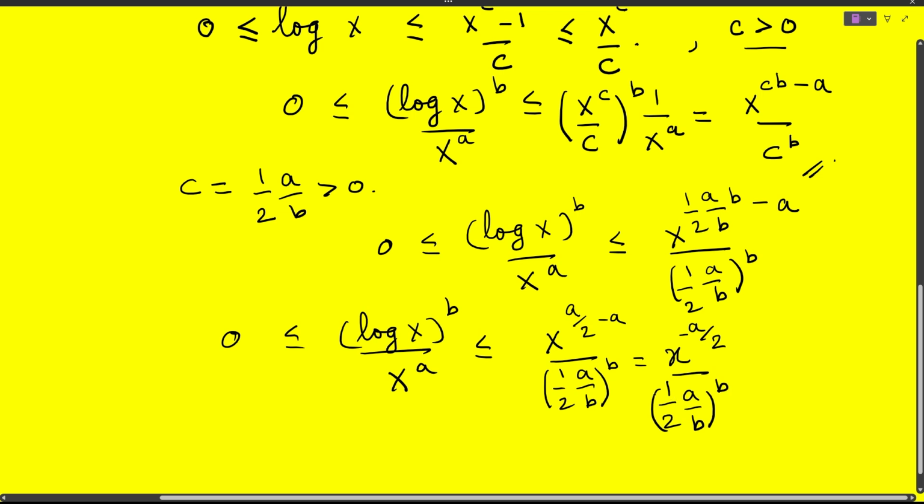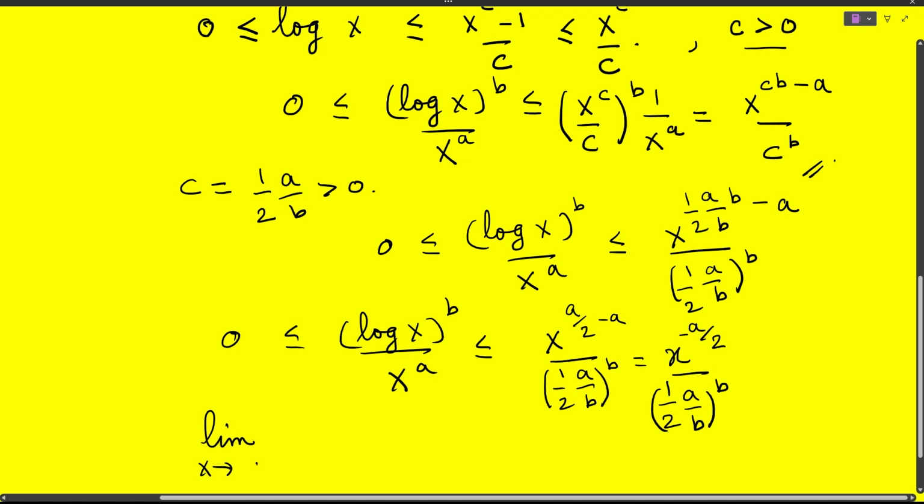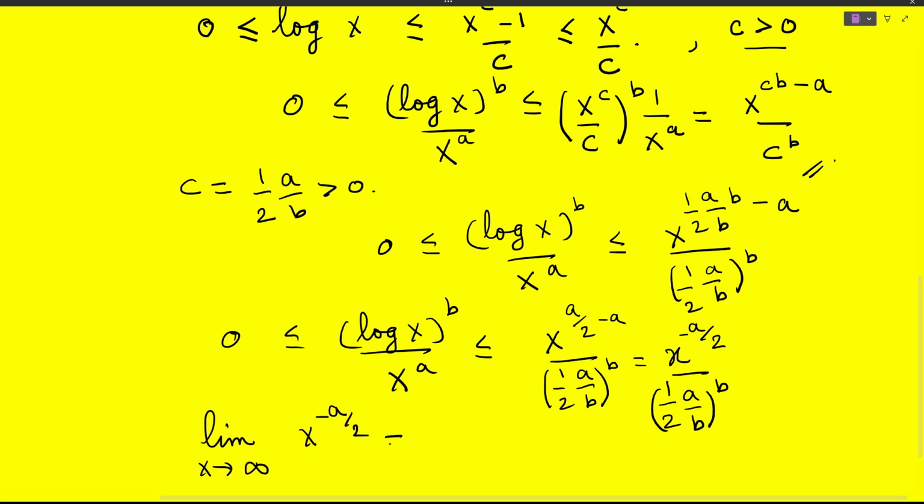Now, what happens when you calculate the limit as x tends to infinity, right? So when you take the limit as x tends to infinity of x to the power minus a by 2, this goes to 0, right? This goes to 0 because this is of the form 1 by x.